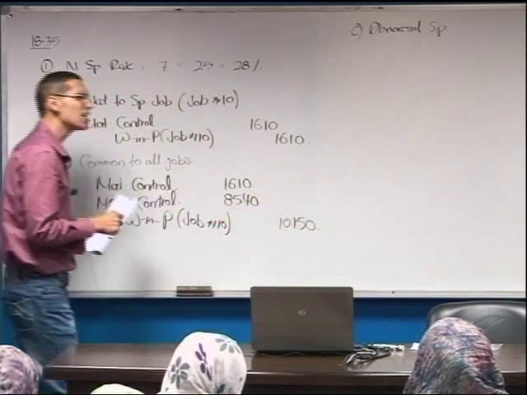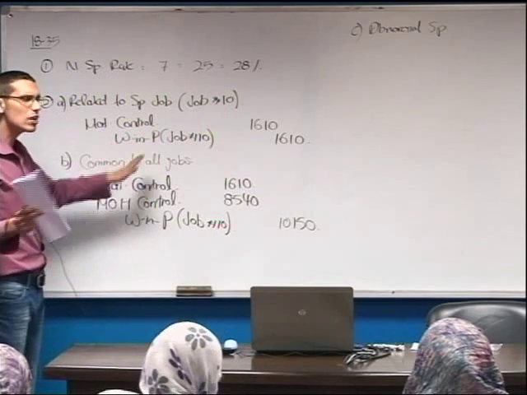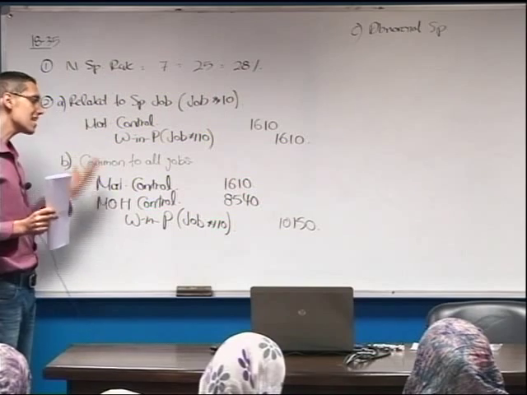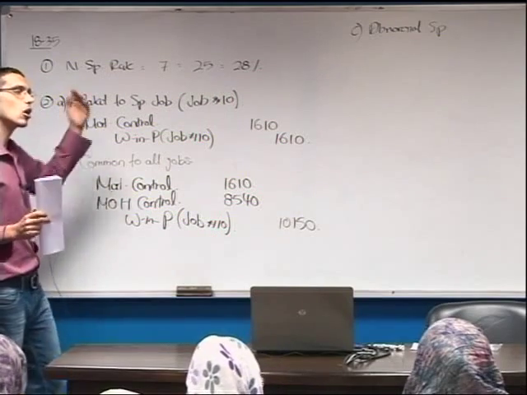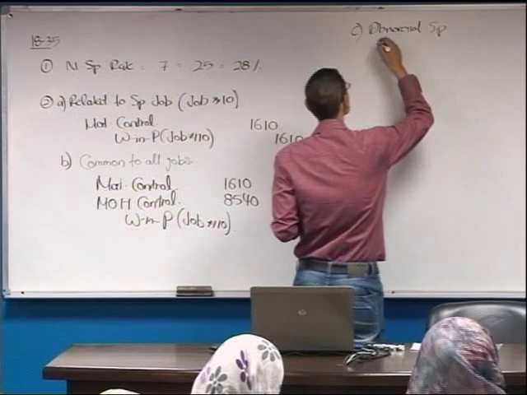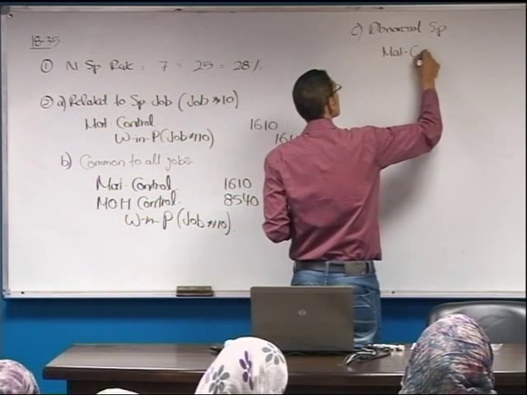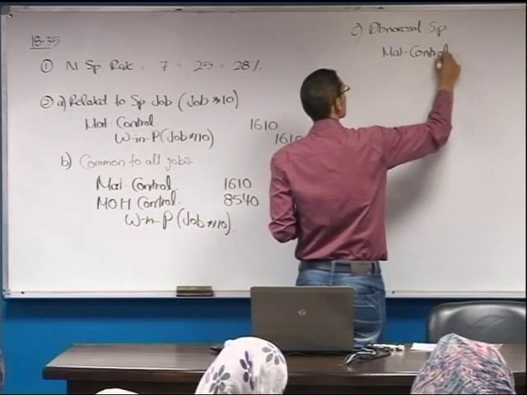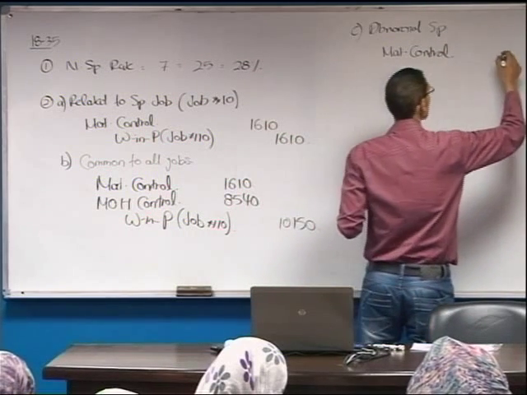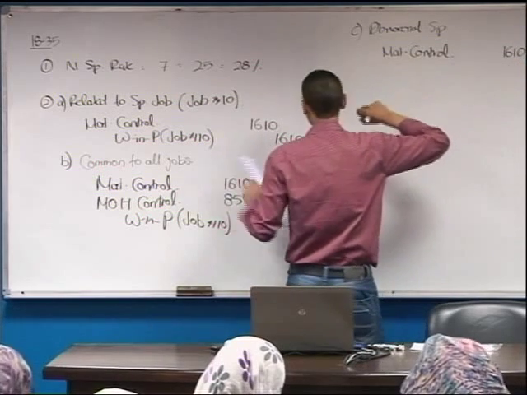Therefore, as we can see here, it is the same entry, but instead of the manufacturing overhead control, we are going to consider the loss from the abnormal spoilage. Therefore, we are considering that we have units by the disposal value of 1,610.